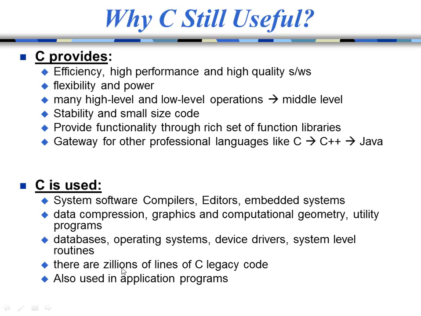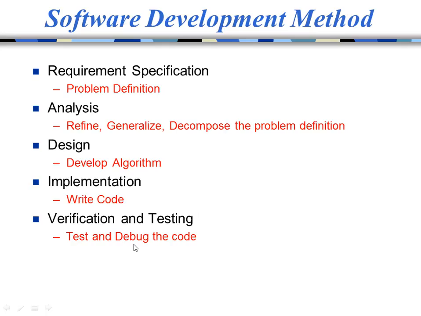There are millions and trillions of lines of C legacy code also used in application programs. Now you can understand that C is high performance and high quality for making different software, and you can also write system software, compilers and other embedded systems. These are the basics of what C was used for.